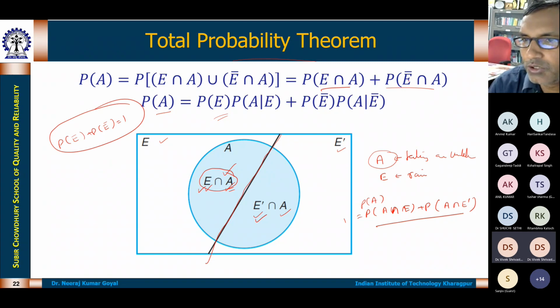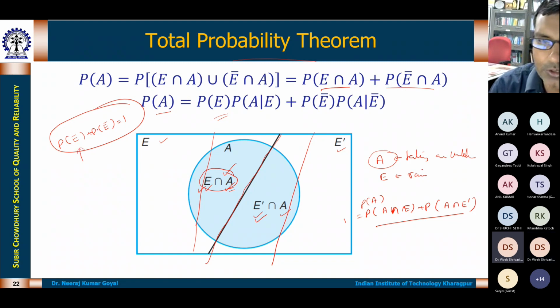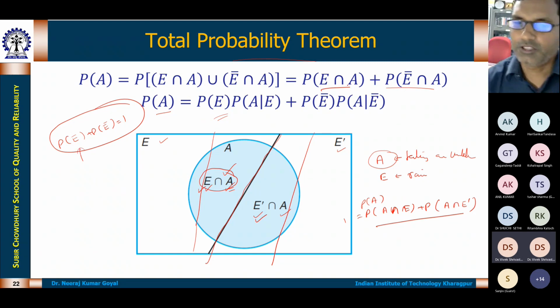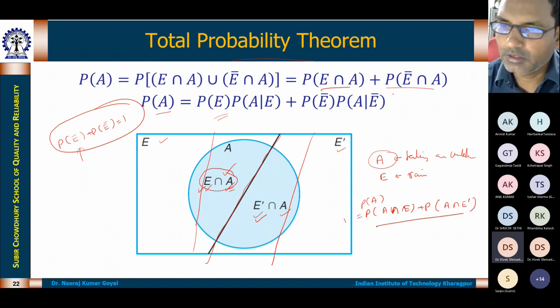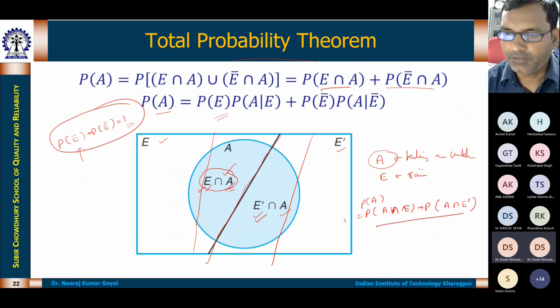These should be mutually exclusive events. And if there are multiple divisions, I can take multiple divisions also, but all the events should be mutually exclusive and the summation of all the events should be equal to 1. So here E and E bar are complement events. They are mutually exclusive and the summation of probability is 1. If there is rain and there is no rain, both are mutually exclusive.